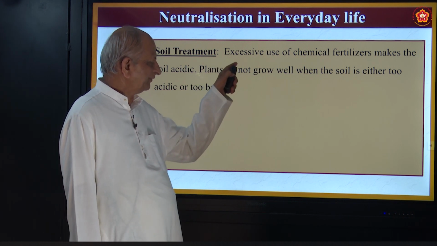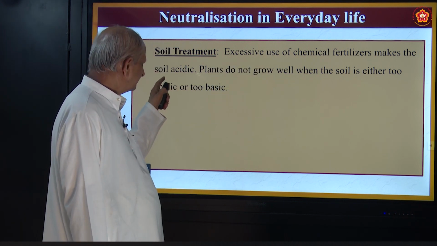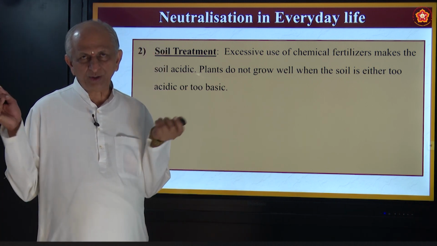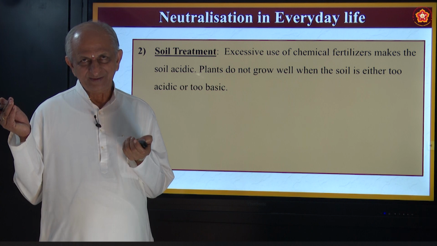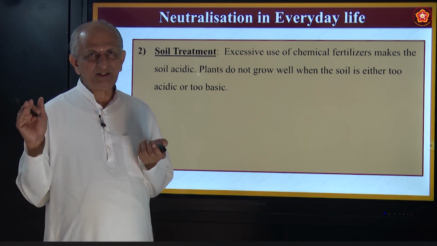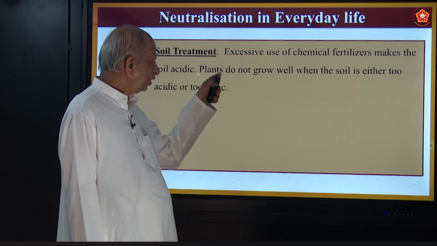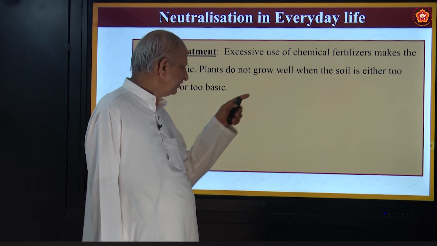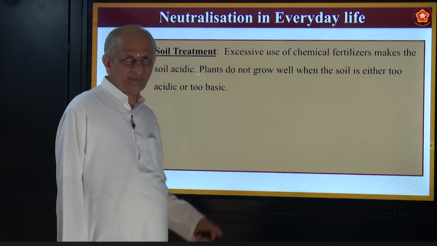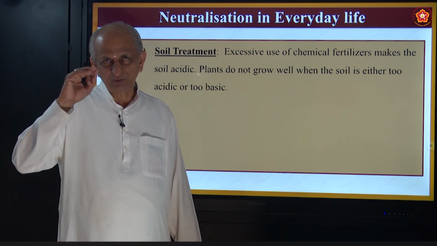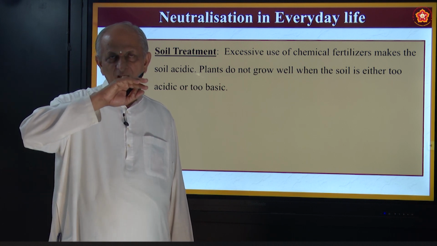Excessive use of chemical fertilizers makes the soil acidic. When you add more and more chemicals, that will spoil the soil. Plants do not grow well when the soil is either too acidic or too basic. In the olden days, they were using only cow dung, all natural.